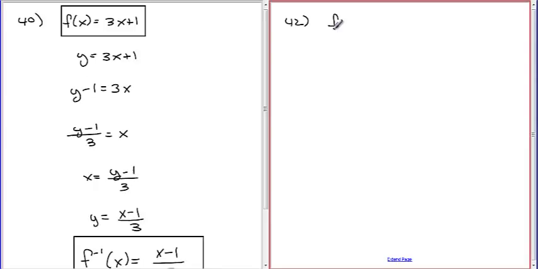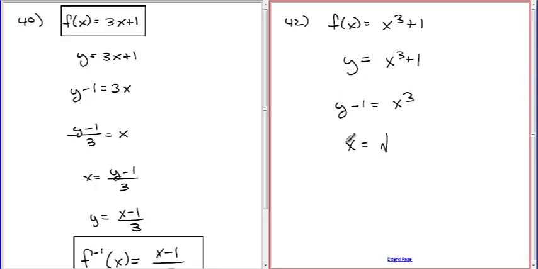So that's f of x equals x cubed plus 1. For f of x, you put in y. You solve for x, so you get y minus 1 is equal to x cubed, or x is equal to the cube root of y minus 1.